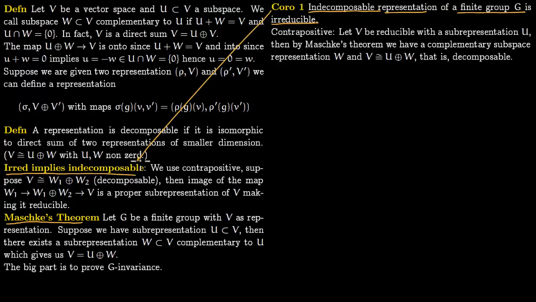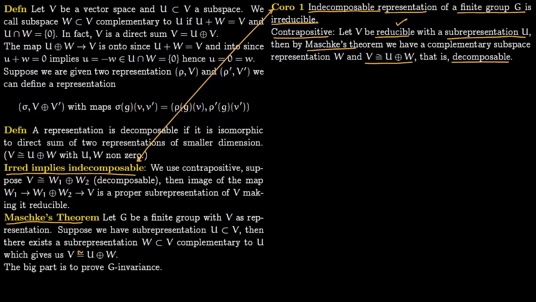Again we are going to use the contrapositive, so we say that V is reducible, and that would imply decomposable. V is reducible, so it has a sub-representation U, and then by Maschke's theorem we can write V as U direct sum W. So V is decomposable, and that's what we wanted to show.